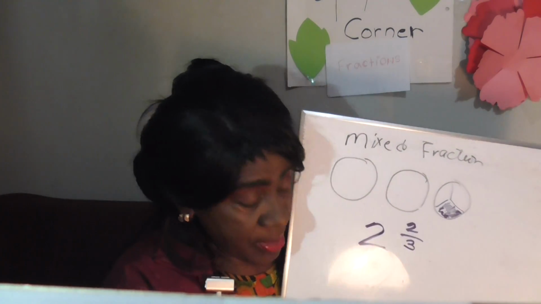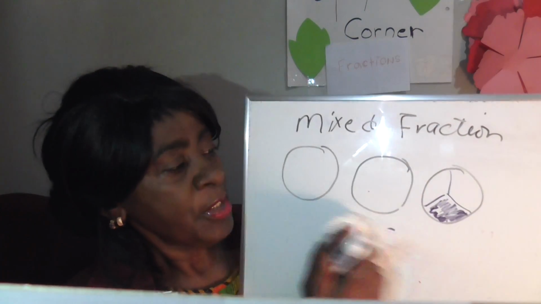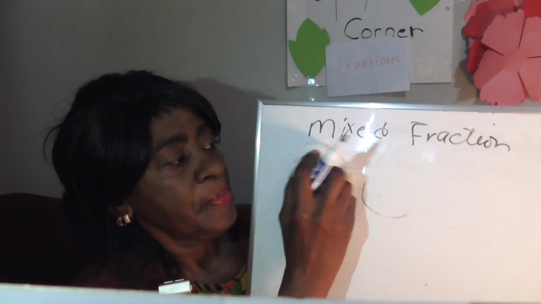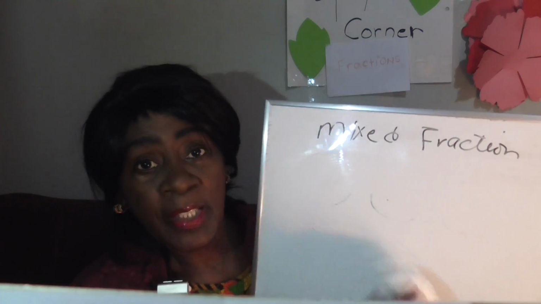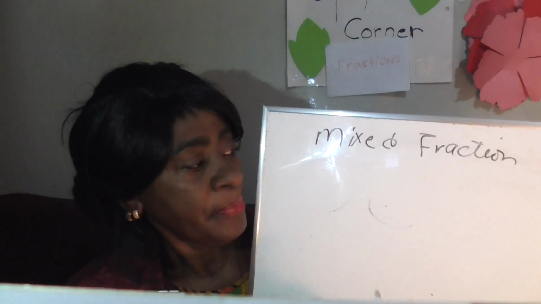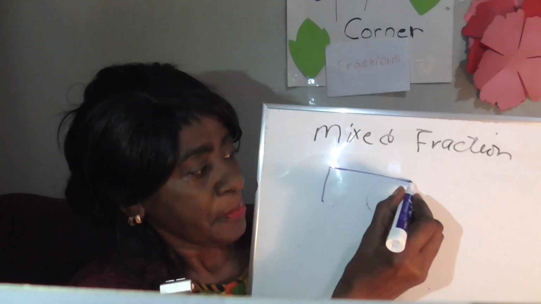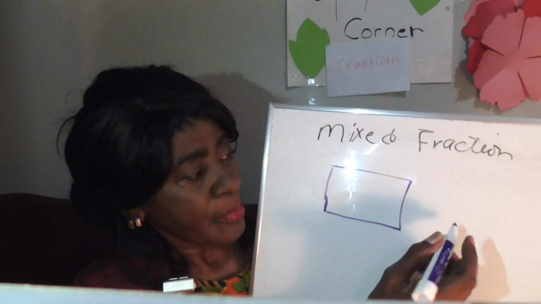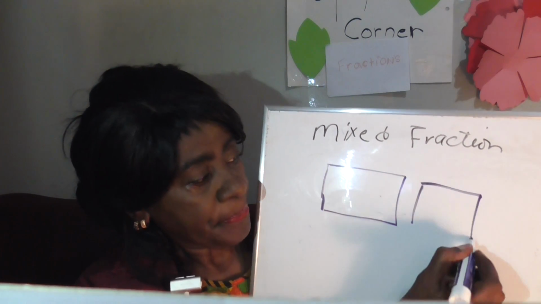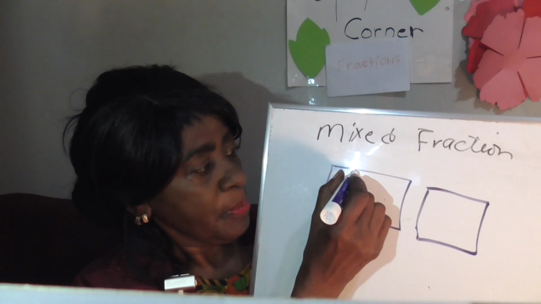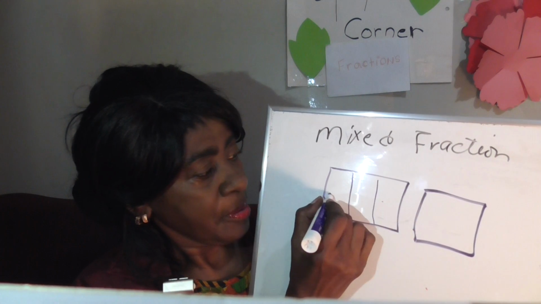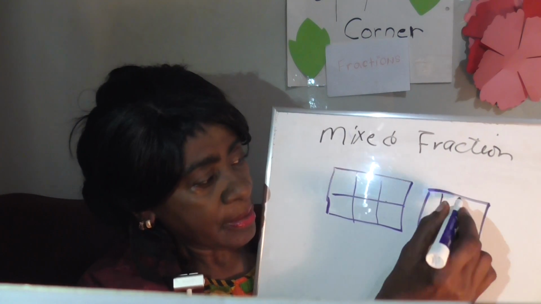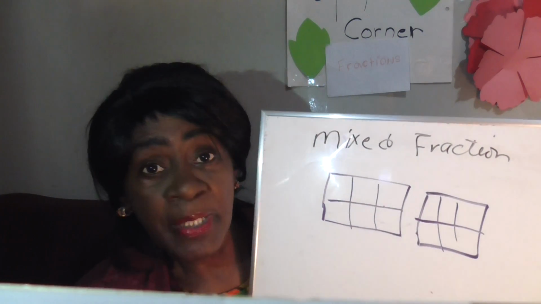Let's do another illustration. A mixed fraction, we said, contains a whole number and a fraction. We have 2 square pizzas. When the pizzas were delivered, they were pre-cut into 6 pieces.